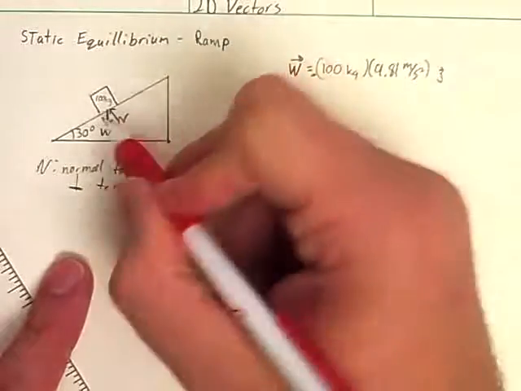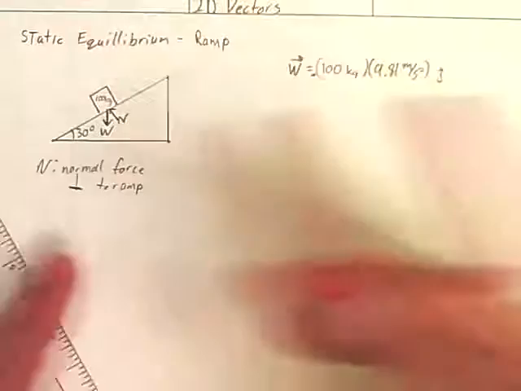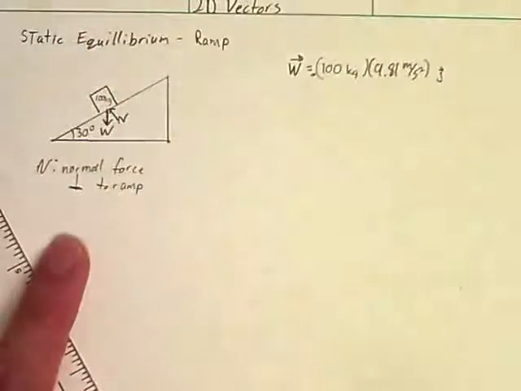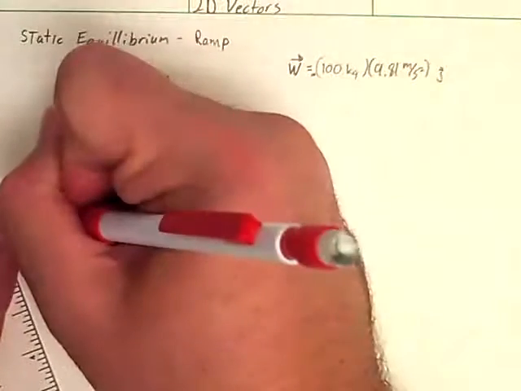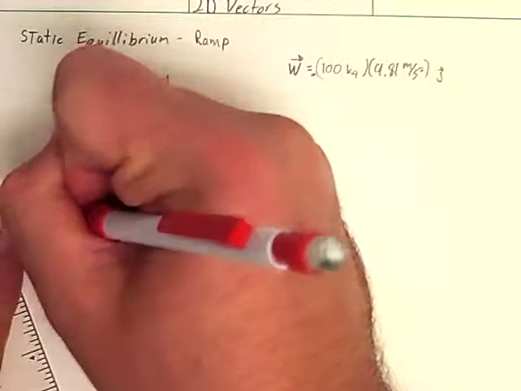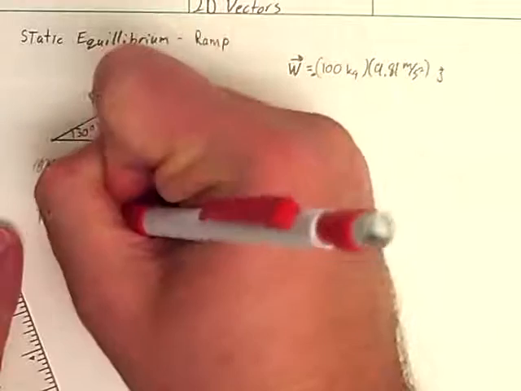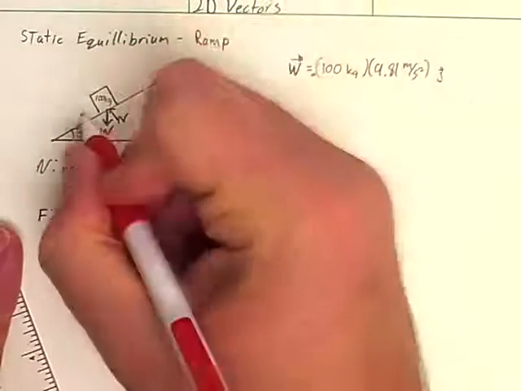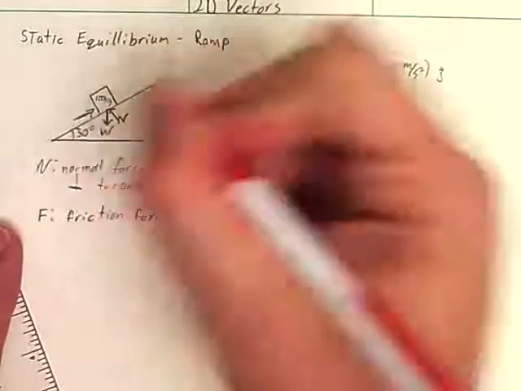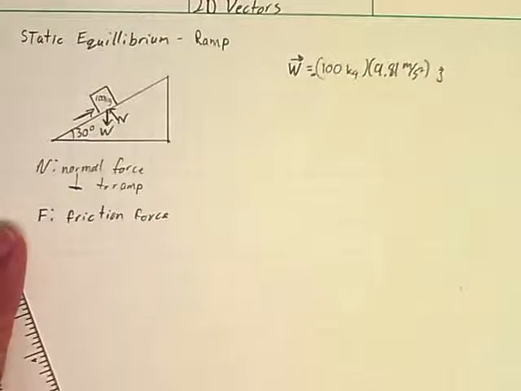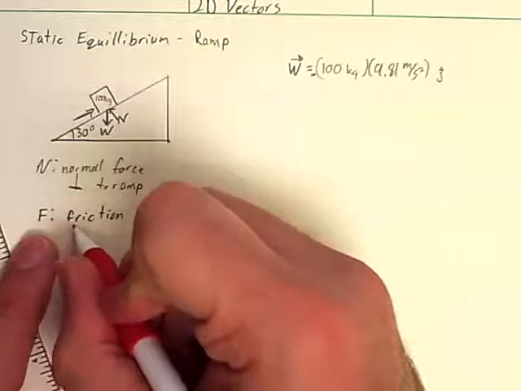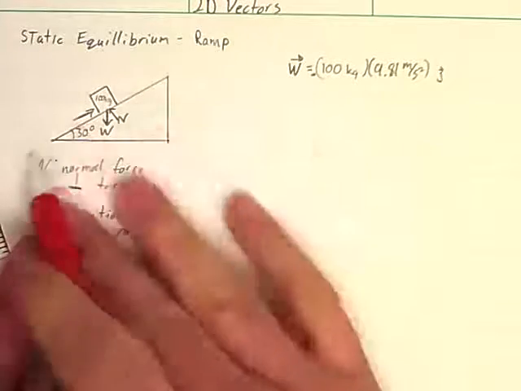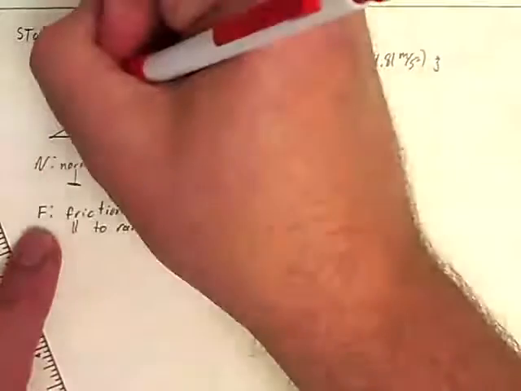In other words, no matter what angle the ramp is at, it pushes out of the ramp that way. You have the friction force, which is what is keeping it from falling down. That acts parallel to the ramp. So it's what's keeping it there. So this is F.